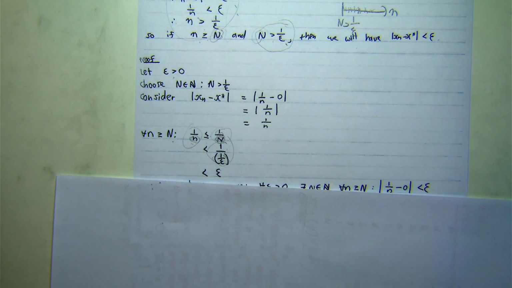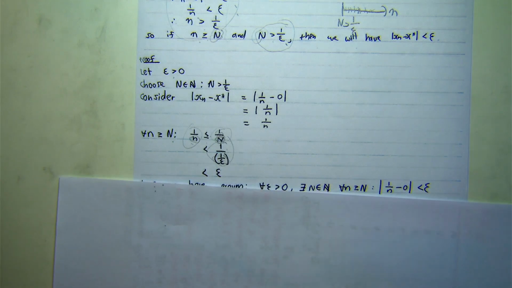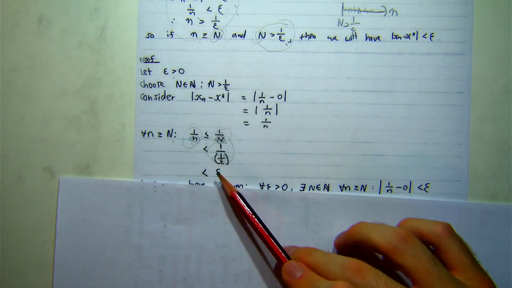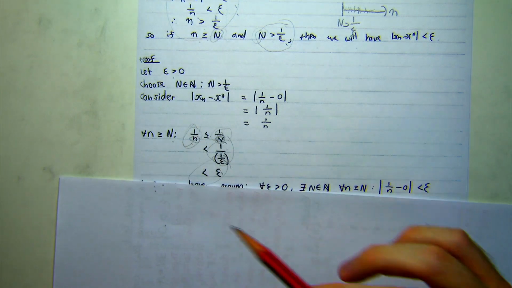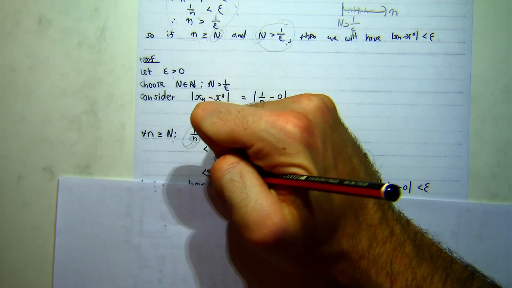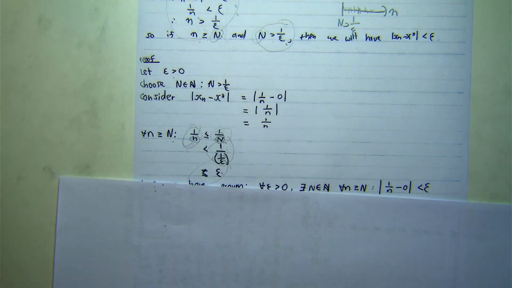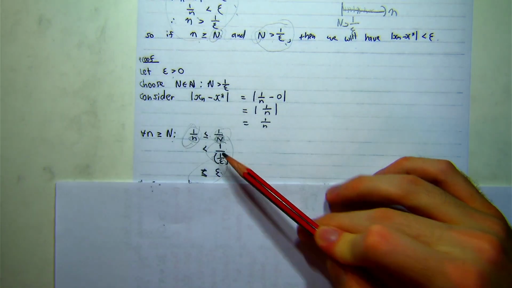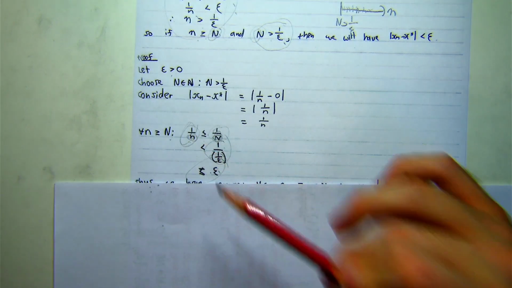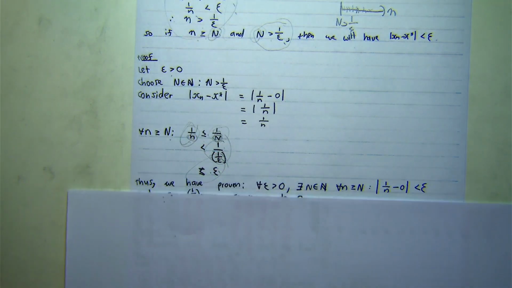And then that fraction is equal to epsilon. So that is equal to epsilon, which means this is less than epsilon. So maybe I'll say equal to here, depending on how you interpret this type of writing out. This is strictly less than epsilon. And that means we've completed our proof.